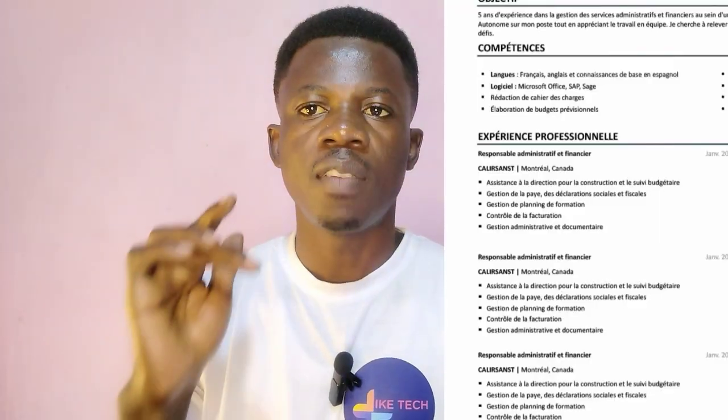So make sure you go by that when stating your achievements. If you have worked with two or more companies, make sure that your achievements are in bullet form. You just have to bullet them so that it will look nice. Don't jumble or mix them.